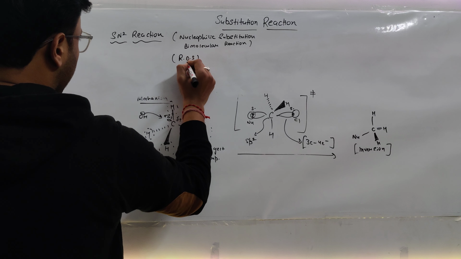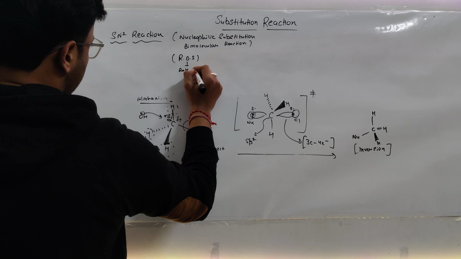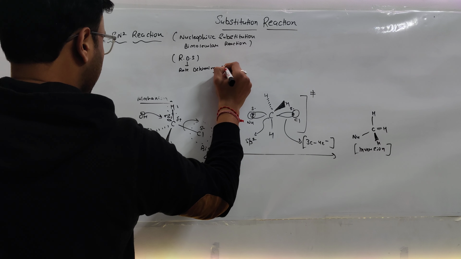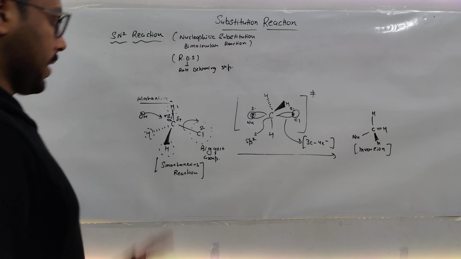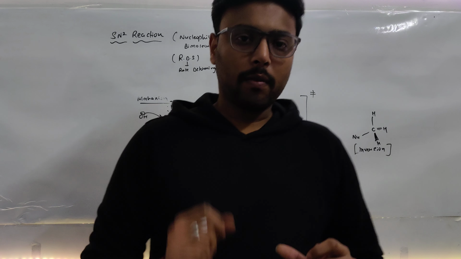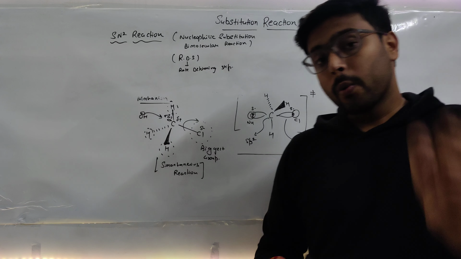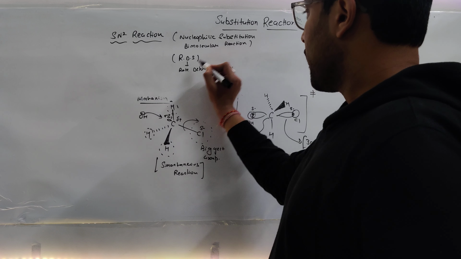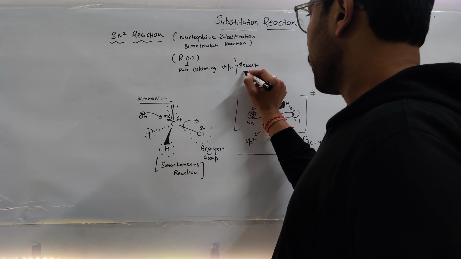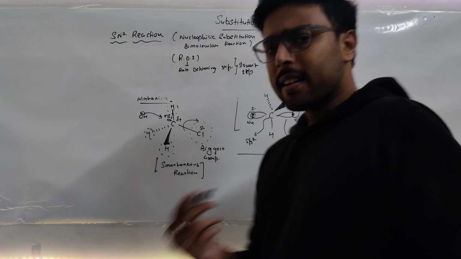This is called the RDS, the rate determining step. I will give you a brief idea about RDS. RDS is the step which is called the slowest step in the reaction. And why is it the slowest step?